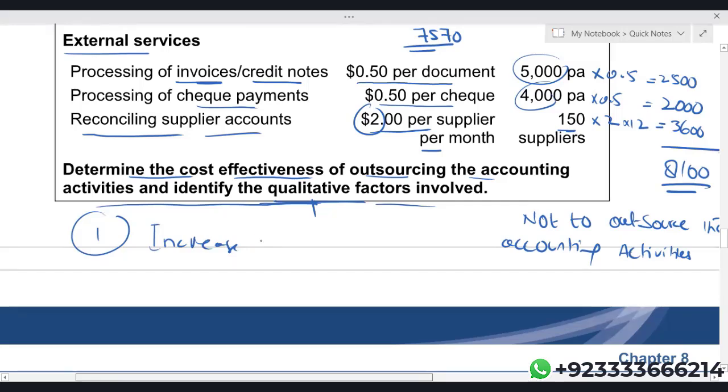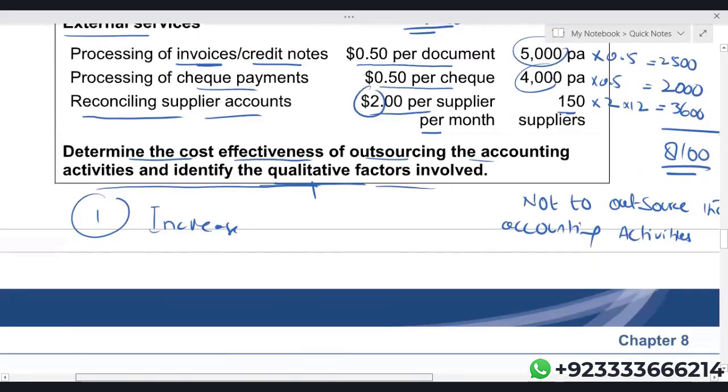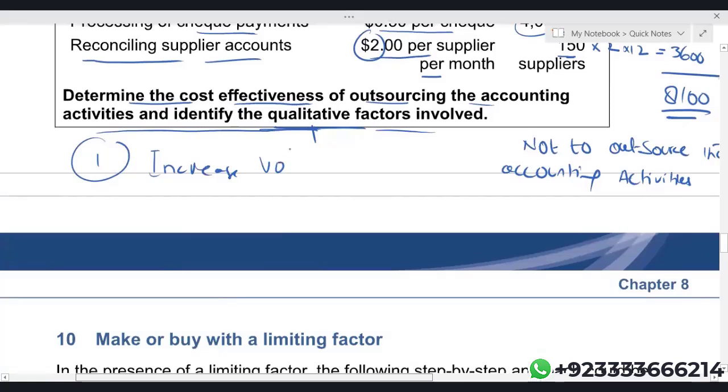Increase in volume will make outsourcing more expensive.